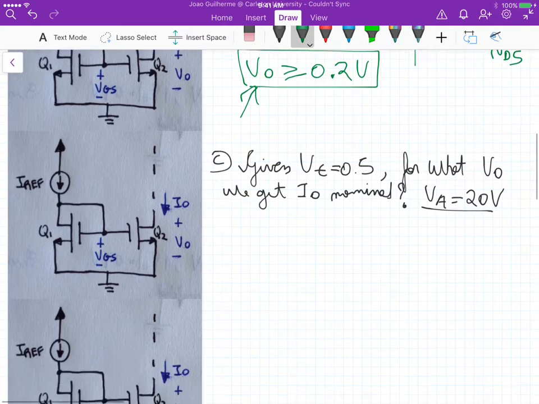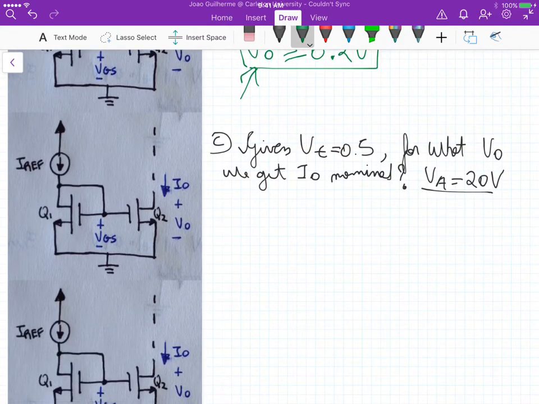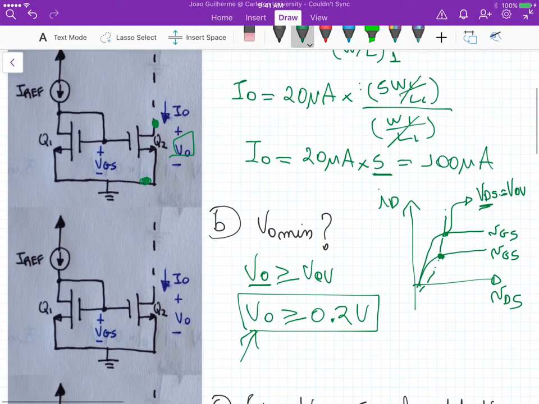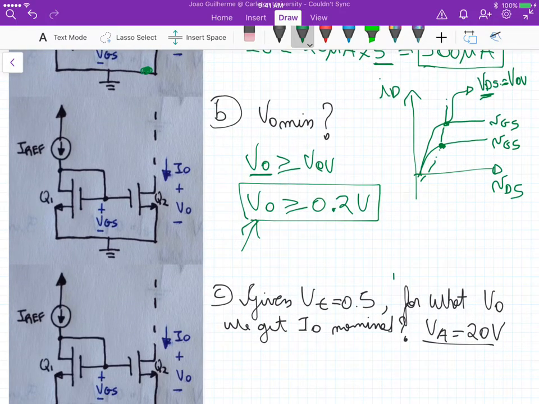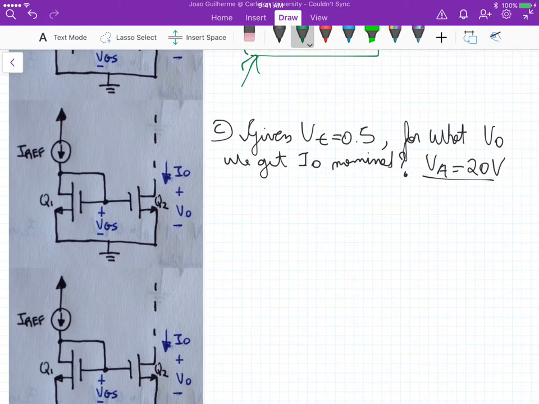Now for part C, given a threshold voltage of 0.5, for what V naught do we get I naught nominal, that is 100 microamperes? First we need to define VGS.